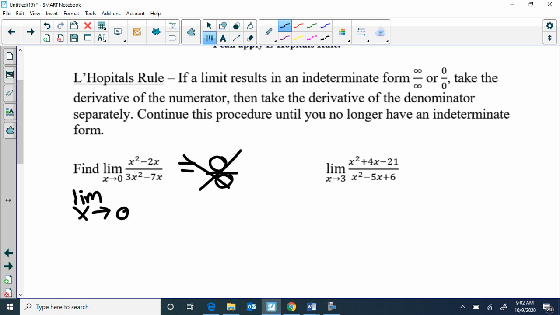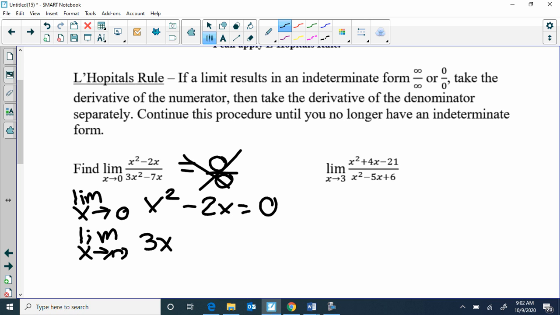So you have to write the limit as x goes to 0 of your numerator, x squared minus 2x. If you plug in 0, 0 squared minus 2 times 0 gives you 0. And the limit as x goes to 0 of your denominator, 3x squared minus 7x.